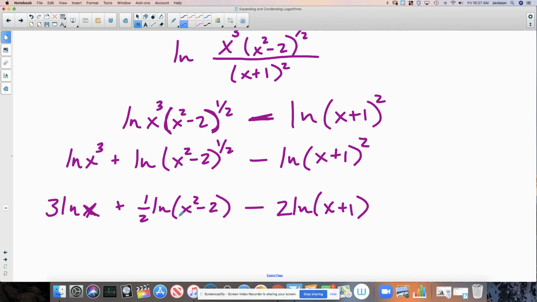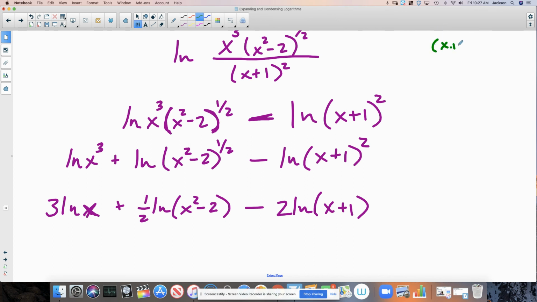Inside here, we have a log with a difference inside. Okay, you do not get to distribute logarithms into binomials, into a difference. We can expand if there's a product, but we can't distribute logarithms into a difference. Why, do you ask?